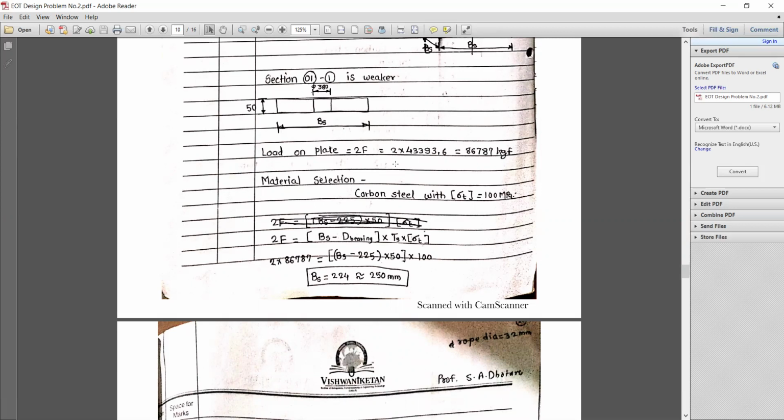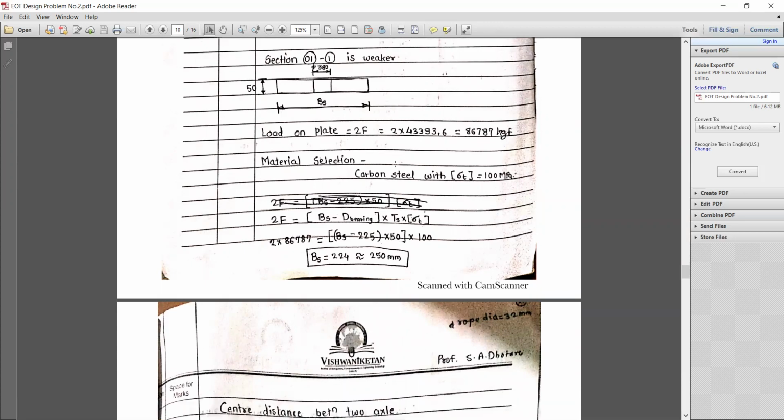So 2 into 43,393.6, what we get is 86,778 kgf. Material selection: we are considering carbon steel with sigma T of 100 megapascal. Normally we consider the same material for all the components, so that the wear and tear gets taken care of properly. So 2F is equal to, now we have to consider the area.